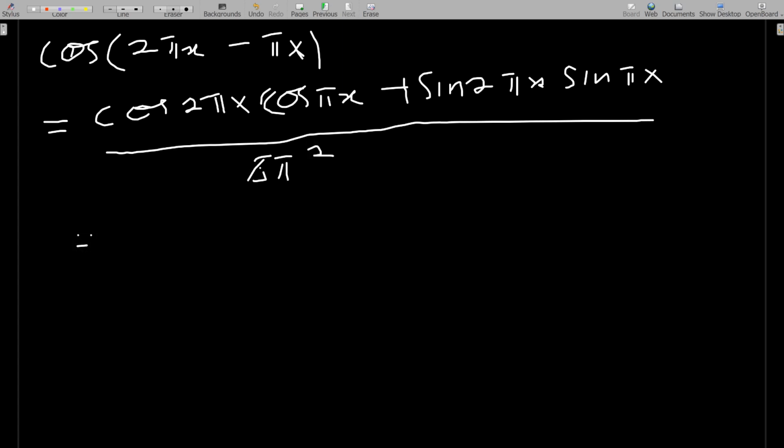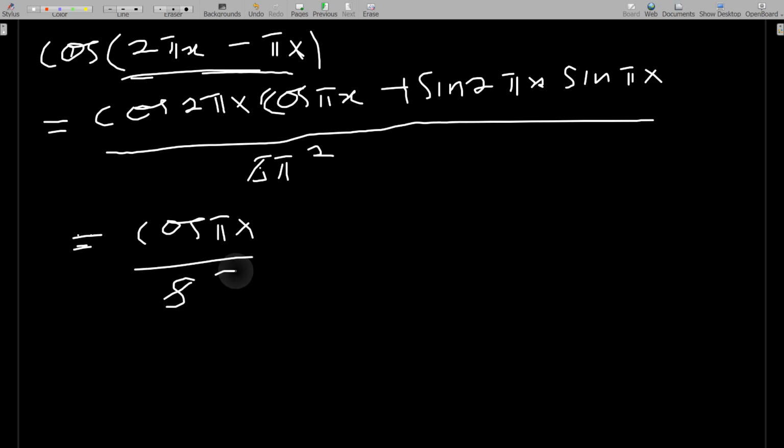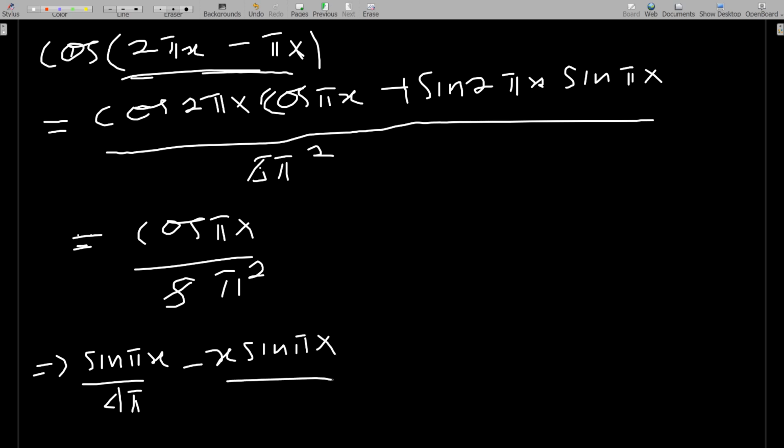to become cos of this, okay? Cos of 2 pi minus pi, and that will give me what? Cos of pi over 8 pi squared, okay? So that fraction simplifies to that, and it will imply that we will have something like sine of pi x over 4 pi minus x sine of pi x over 4 pi, then minus this is what the fraction has given us.